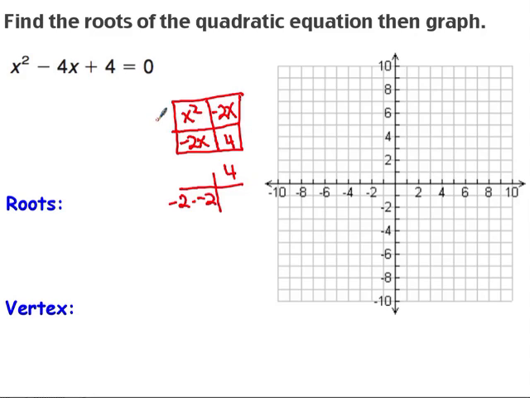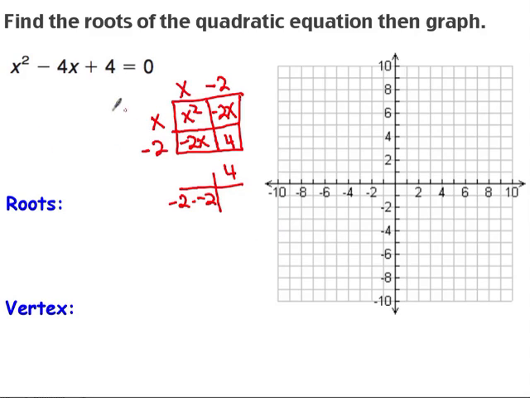Find the greatest common factor here in this row, and that's x. Greatest common factor here between the 2 and 4 is 2. And you have a negative on the outside. Since you have a negative on the outside, do not forget to pull it out. And then here x, and then here it's -2.